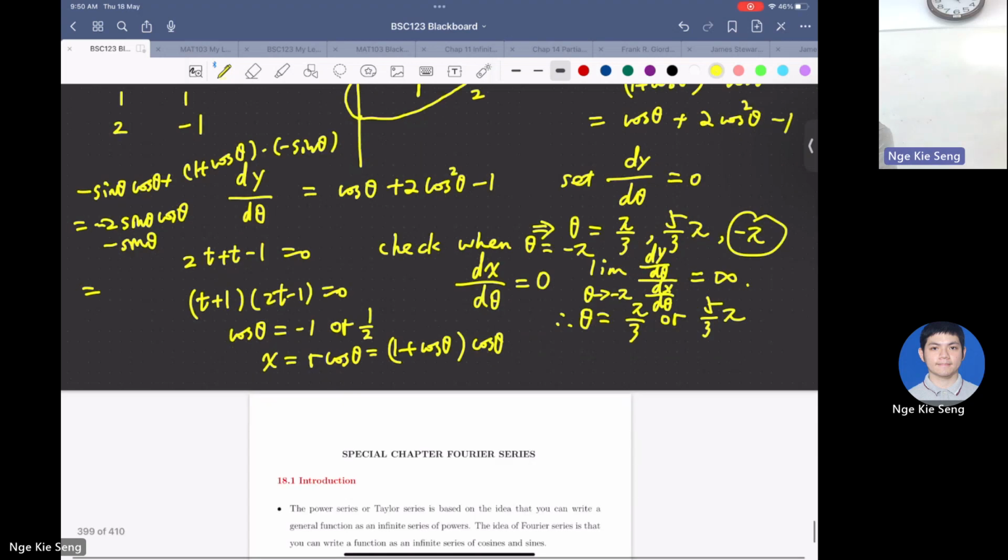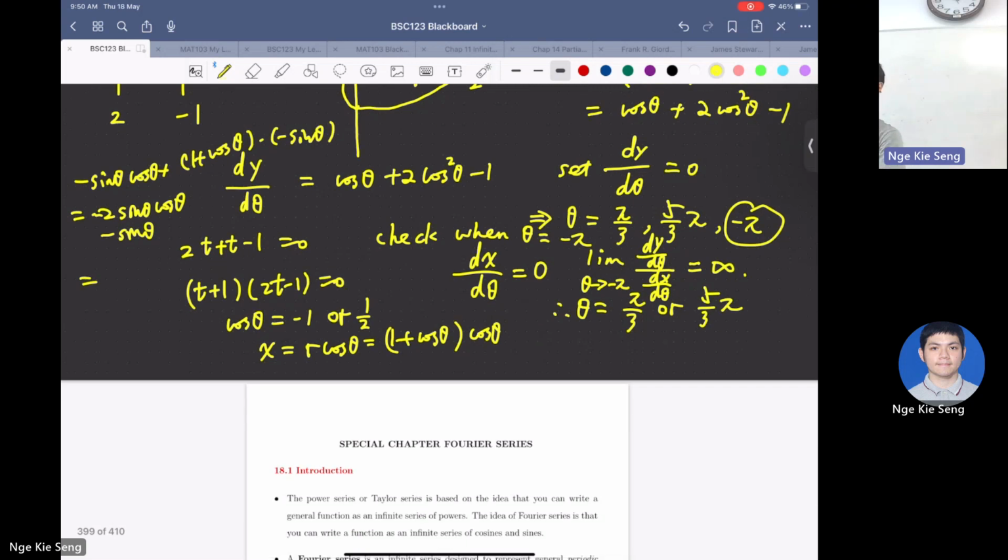And when theta equals minus pi, you will find that d theta is equal to 0, and the limit when theta approaches minus pi is infinite.